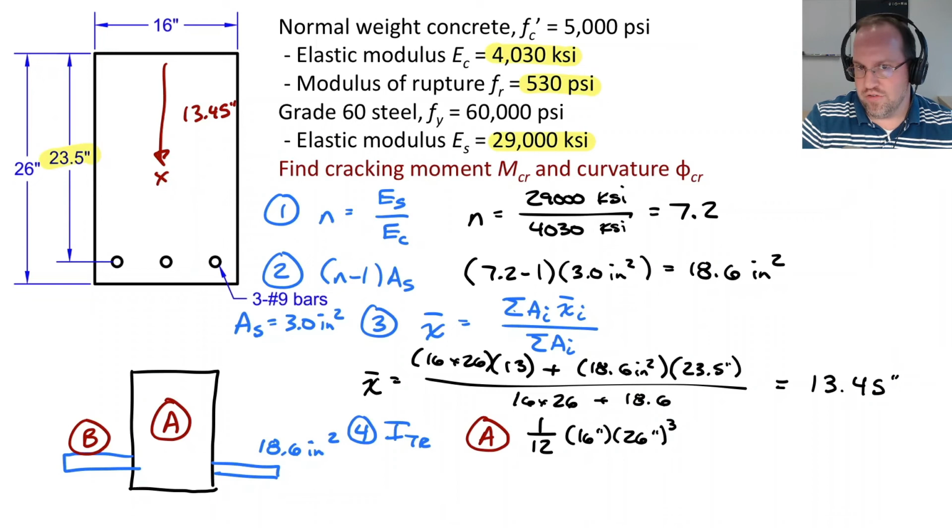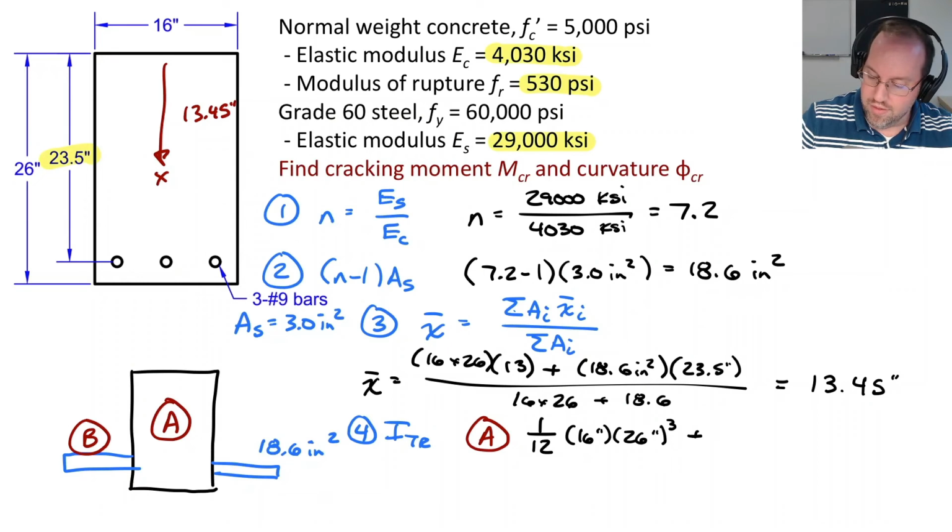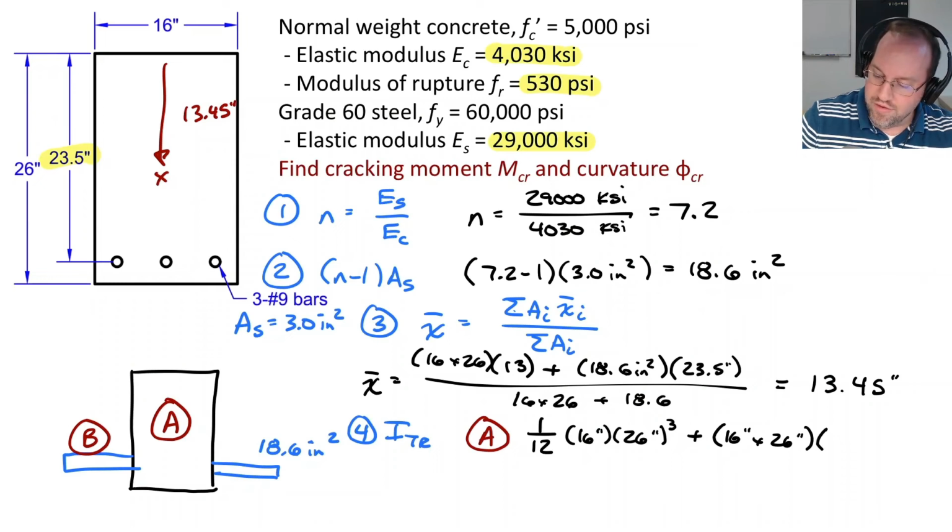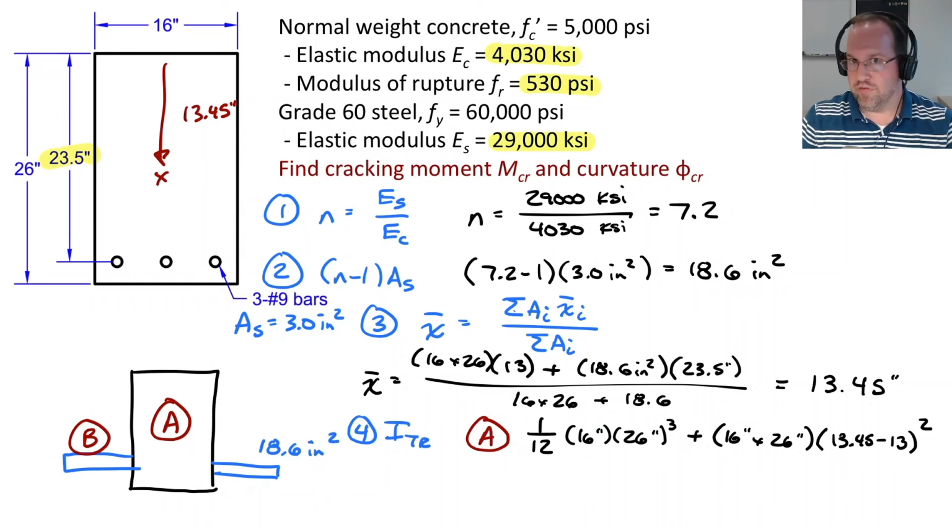It's only being transferred 0.45 inches, from 13 inches down to the new centroid of 13.45 inches down. That transformation is the area, which is 16 by 26, times the distance, 13.45 minus 13, and that distance is squared.